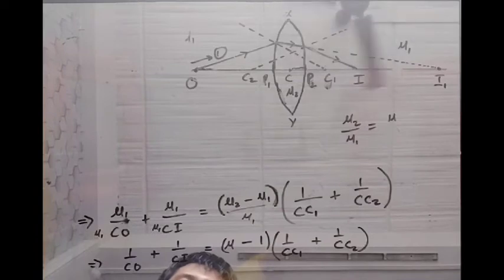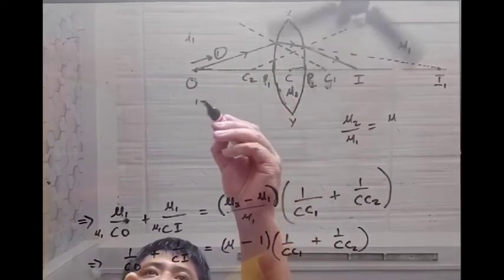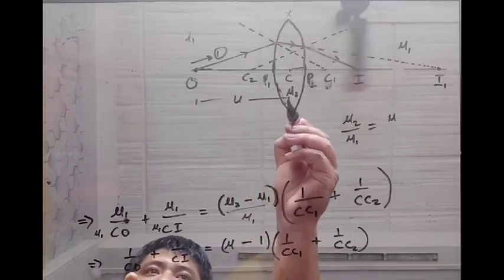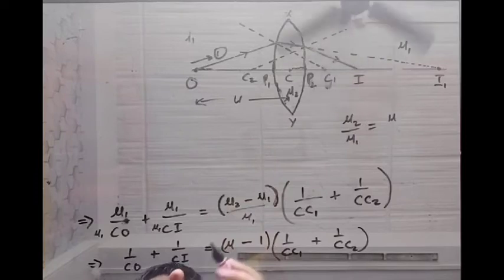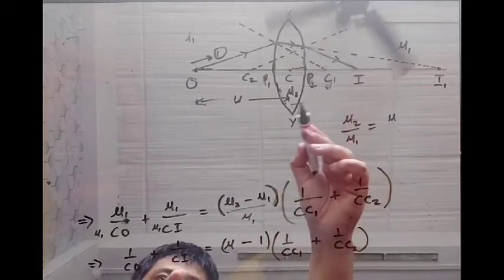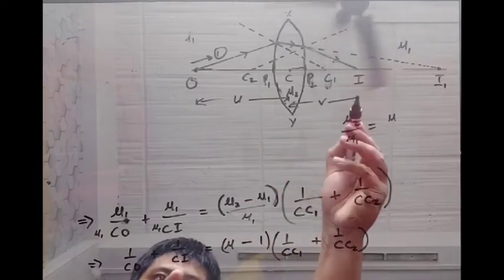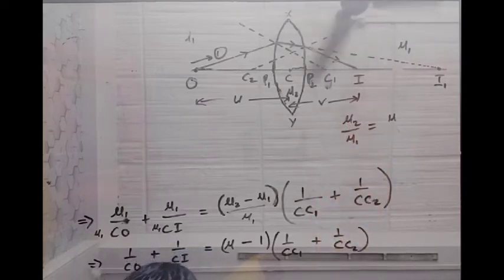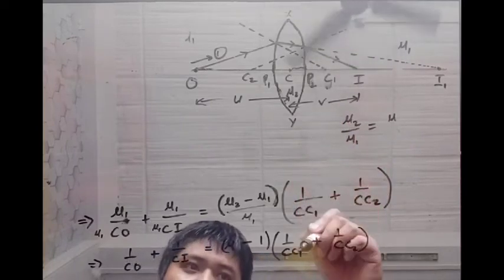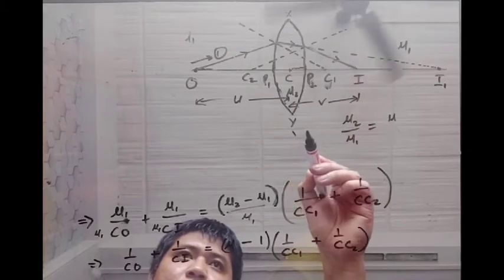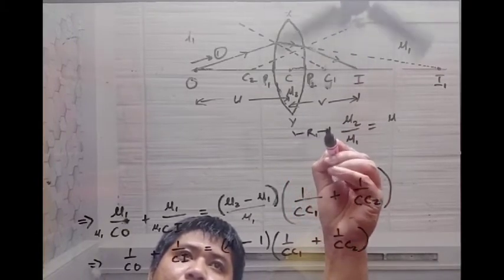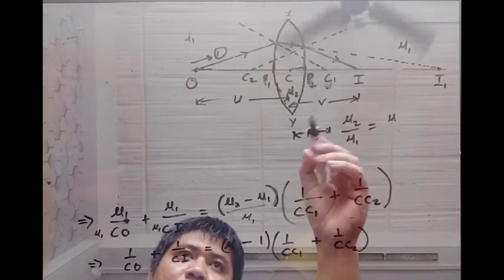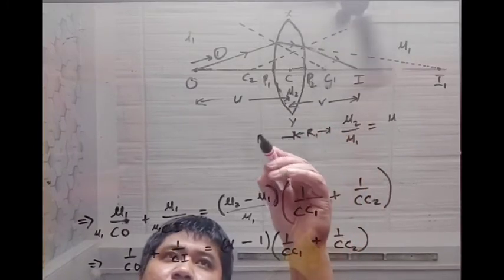Now let us apply the sign conventions. CO is the position of the object, but it will be taken as negative. And CI, the position of the final image, is V, and it will be taken positive. CC1 is positive, it is R1, the radius of curvature, and CC2 is R2.